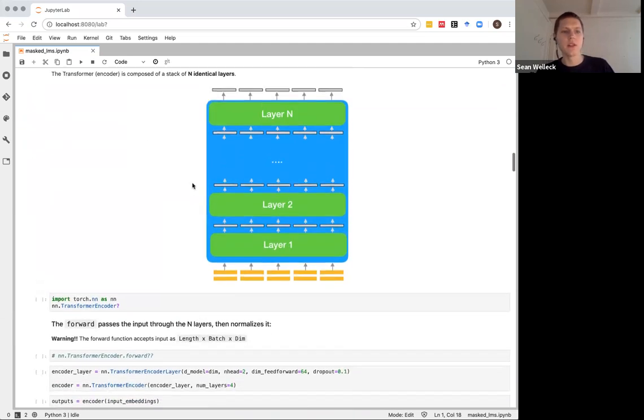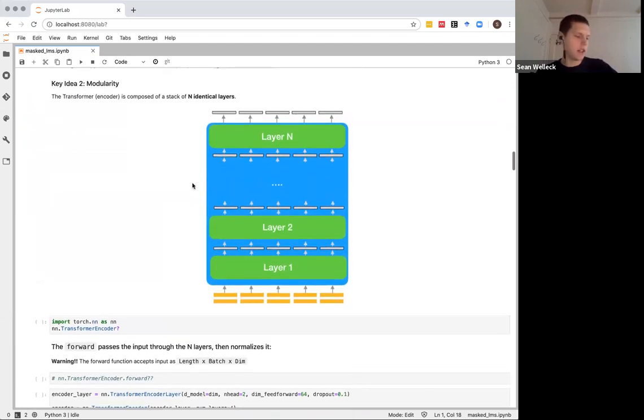Okay, so the second key idea with transformers is the idea of modularity. What we mean there is that if you look at how it's implemented, it's actually repeating the same structure n different times, so multiple different times. These are referred to as layers or also blocks.